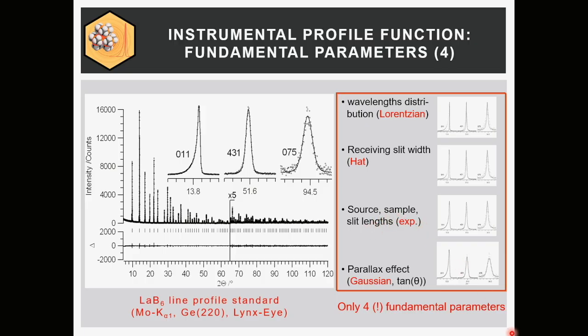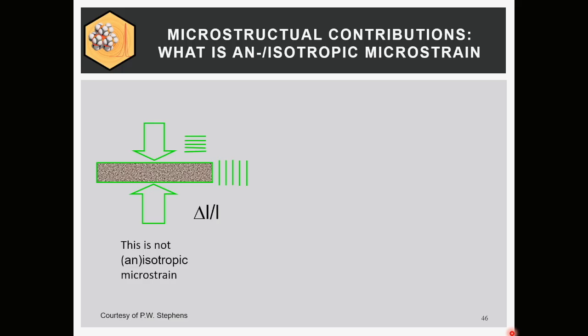And interestingly, because it's a position sensitive detector, which is flat, but the focusing circle in the diffractometer is of course a circle, you have a circle at the flat detector, therefore you have a parallax effect, and this parallax effect is something like a tangent theta function. We will see this tomorrow. It's the same for all of them.